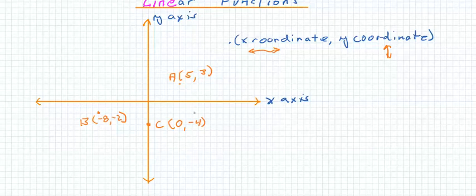All right, some other things to note. Where the lines cross here, this is the origin, the beginning, and this is broken up into 4 quadrants.